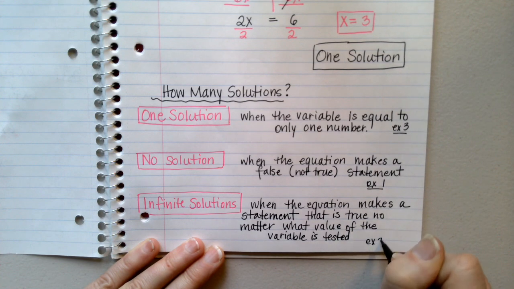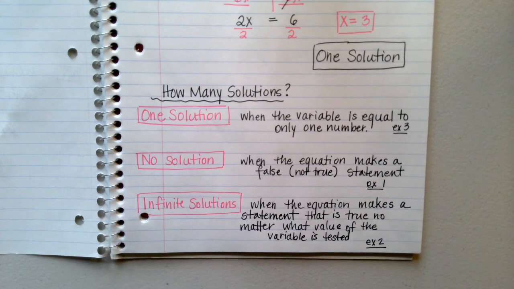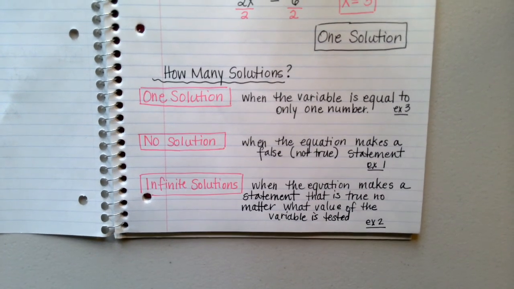And that was example number 2. So what ended up happening in example number 2 was we ended up with the variable being equal to itself, right? And when we end up with a variable equal to itself, so x was equal to x or y is equal to y, then we can plug in any answer in that case and we will still have a true statement. So whenever that equation makes a statement that is true, no matter what value we put in for that variable, then we have infinite solutions.